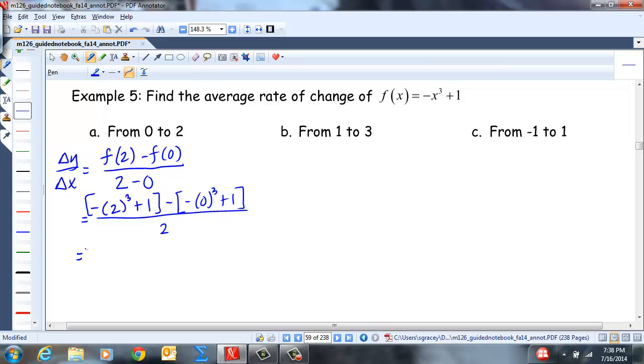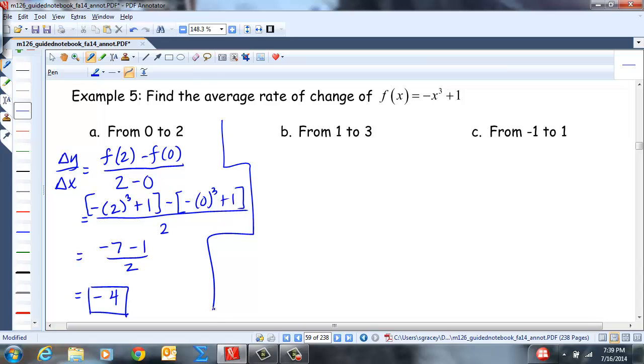So that'll be negative 8 plus 1, which is negative 7, minus 1, over 2. So we will have negative 8 over 2, which is negative 4. So our average rate of change of this function as x goes from 0 to 2 is negative 4.